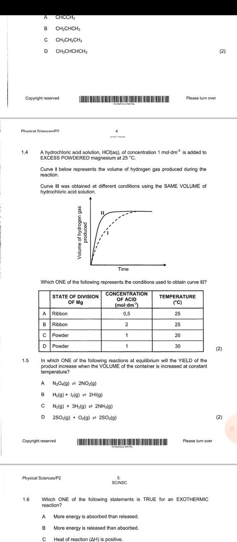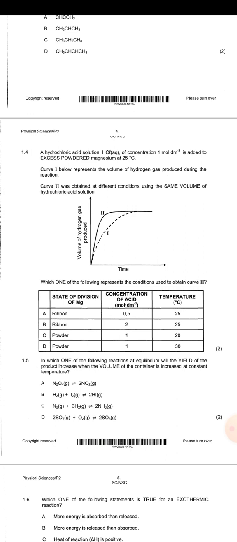All of them are gases, fine, but pressure. Now, if you increase volume, you make the thing wider, so it means pressure decreases, right? There's now more space for the particles to move around, so less collision, so pressure decreases. So if pressure decreases, according to Le Chatelier, that is going to disturb the equilibrium.